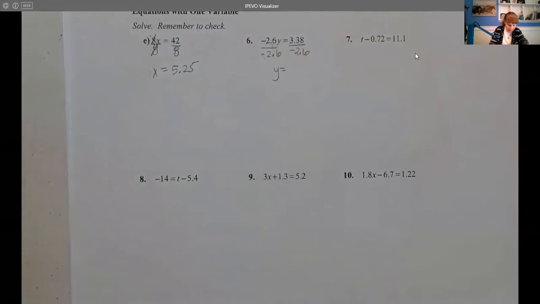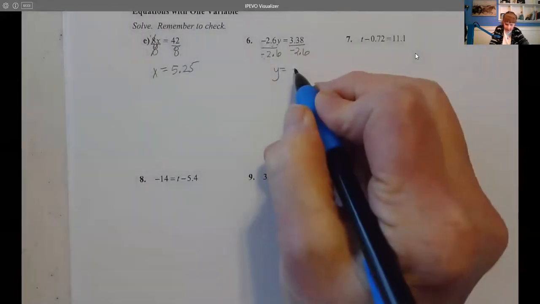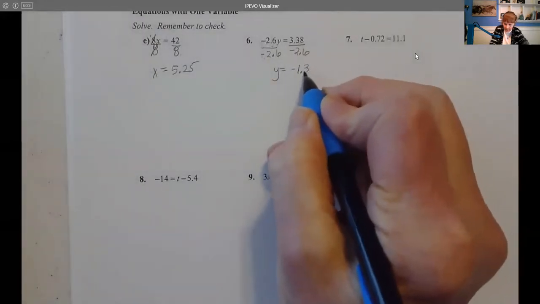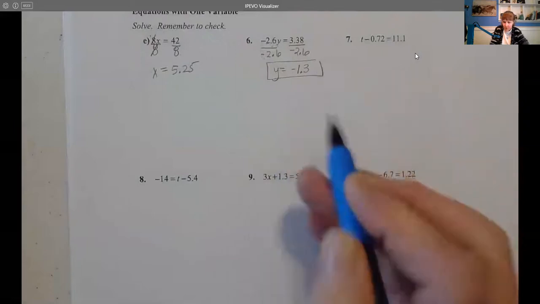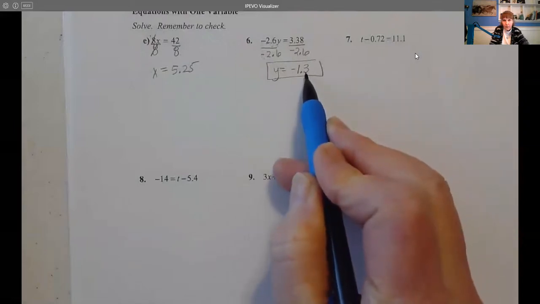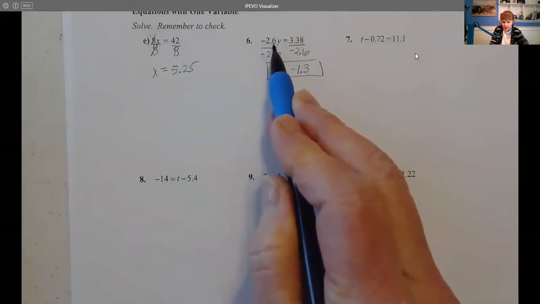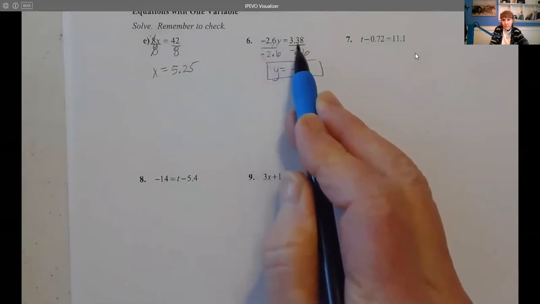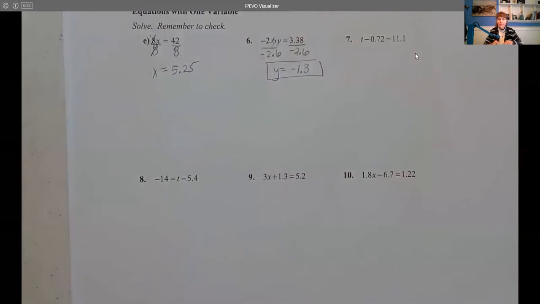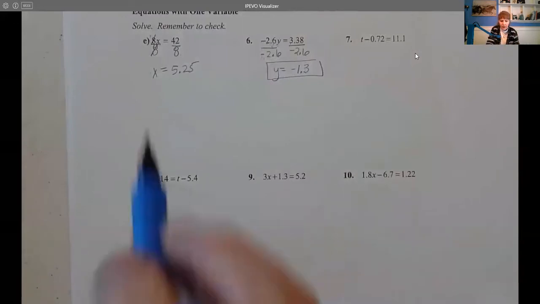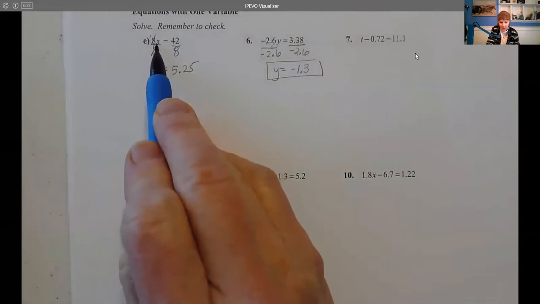So now we're going to take 3.38 divided by negative 2.6, and we're going to get a negative 1.3. If you were to take a negative 1.3 times a negative 2.6, you're going to get a positive 3.38.